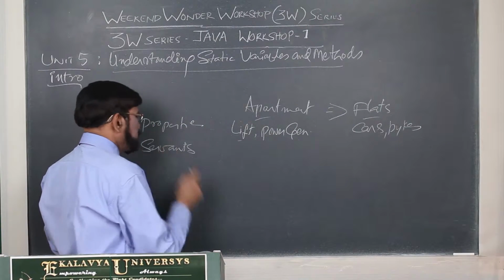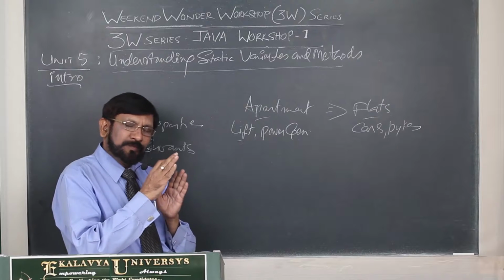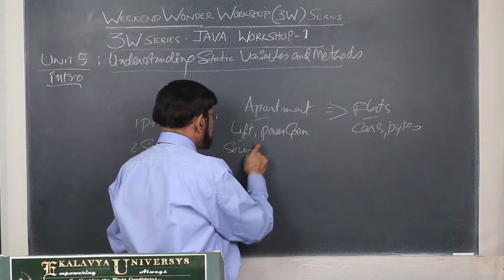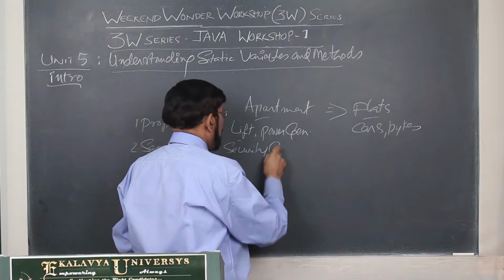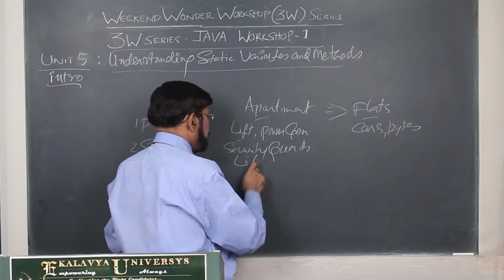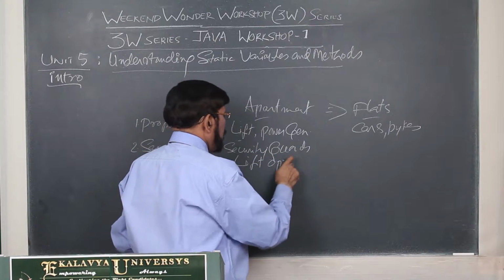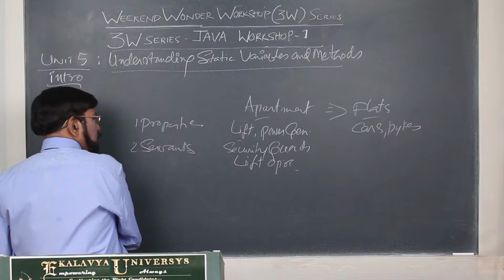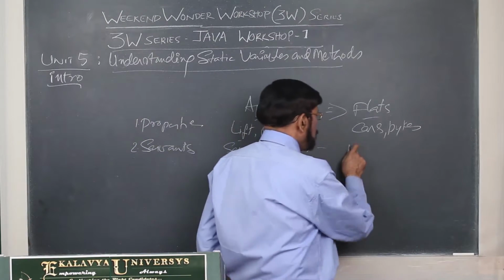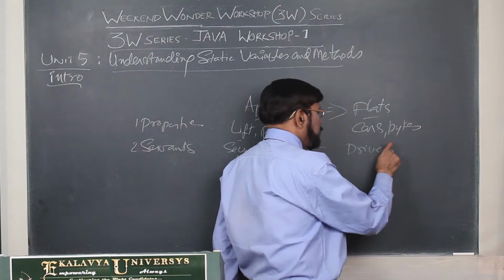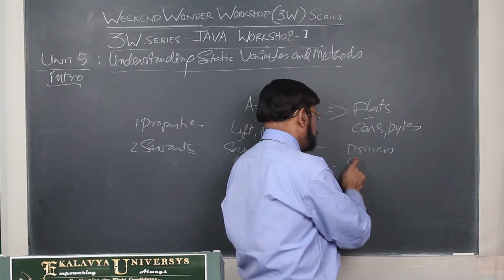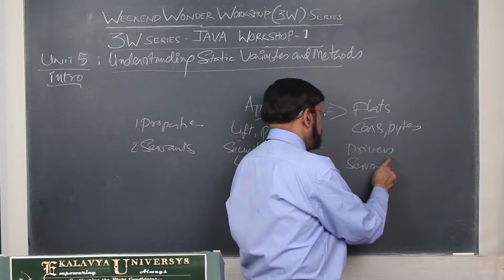Now come to servants. Servants are also classified into two groups: security guards and lift operators belong to the apartment. Some flat owners engage drivers, and some flat owners engage servant maids.